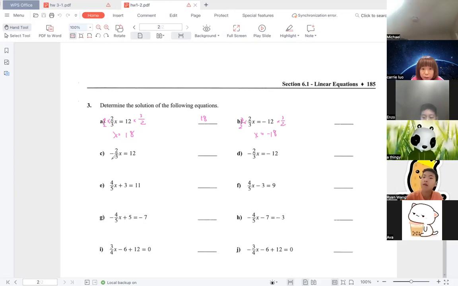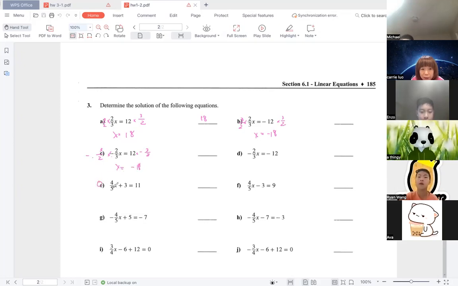Okay, so let's take a look at this one. Enzo, we're going to times -3 over 2 on both the left side and right side. Negative times negative equals positive, and 3 over 2 times 2 over 3 equals 1. So x equals -18. Get it, everybody?